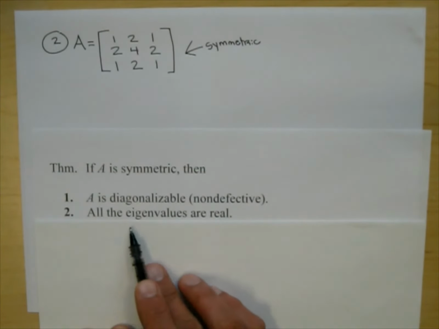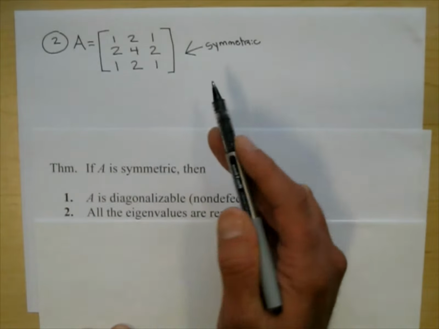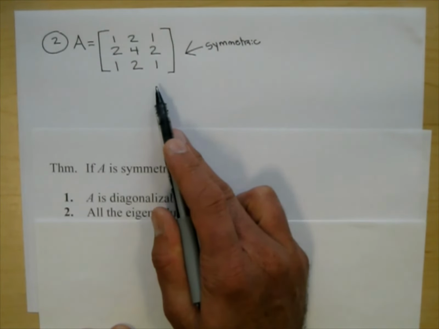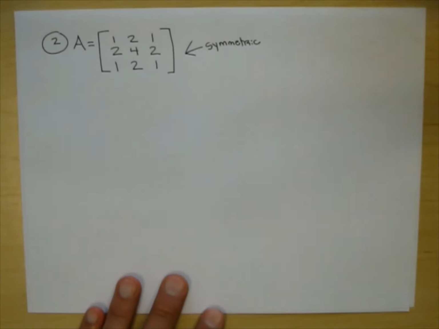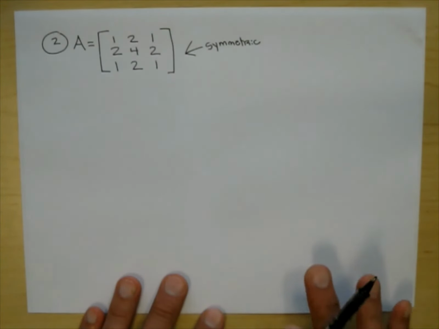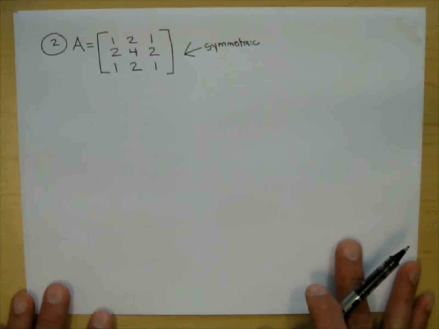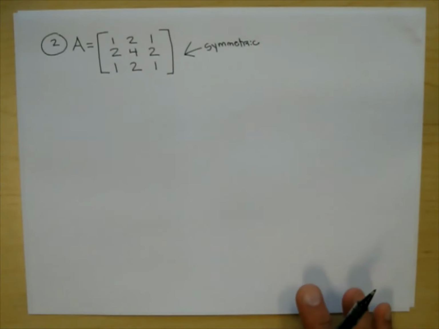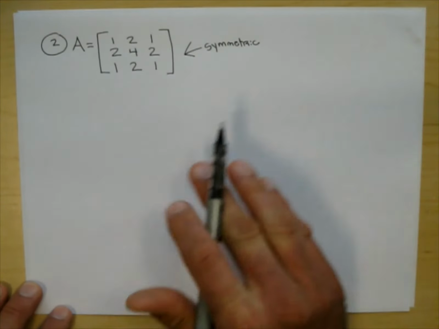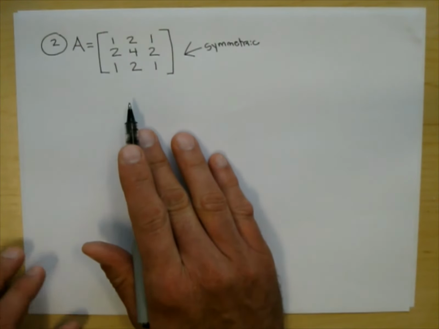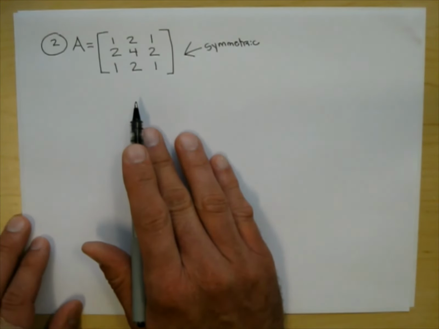But right now, this is good. So we're just going to find some real valued eigenvalues. So we know that this thing's going to be non-defective, and we know the eigenvalues are going to be nice real numbers. So let's go ahead, and I know there's no instructions here, but we're sort of exploring on this problem because we're going to find something pretty neat about those eigenvectors.